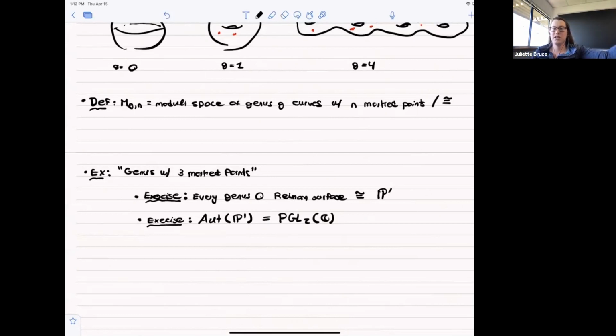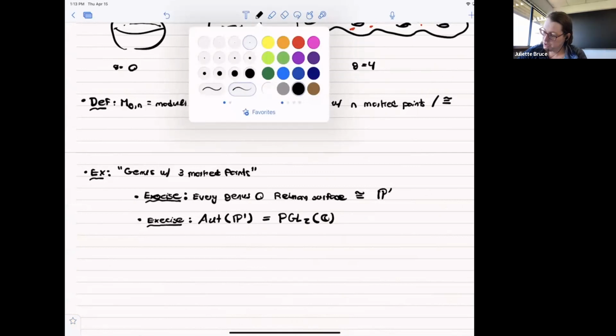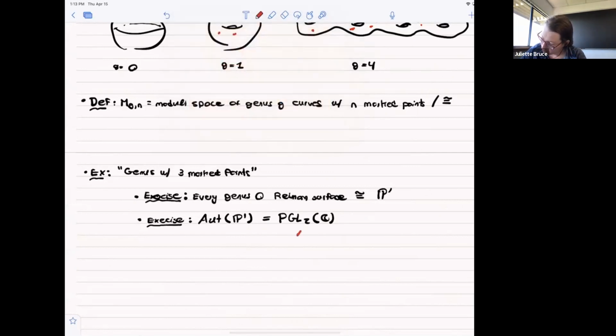Z goes to (AZ plus B) divided by (CZ plus D). That's kind of the automorphisms of the complex plane, which are the same as automorphisms of the Riemann sphere. But the important thing about this group is that it's 3 transitive.